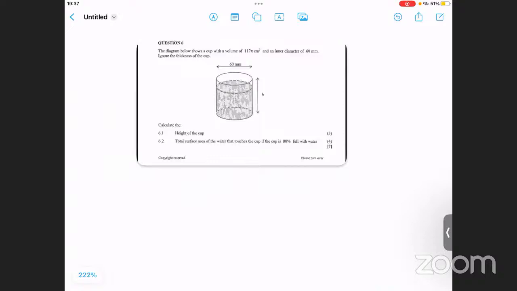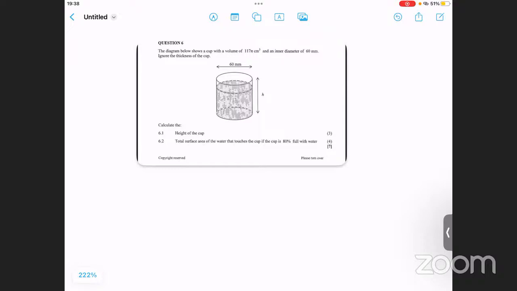We are given an exam question, question number 6, which reads as follows. The diagram below shows a cup with a volume of 117 pi centimeter cube and an inner diameter of 60 millimeters.